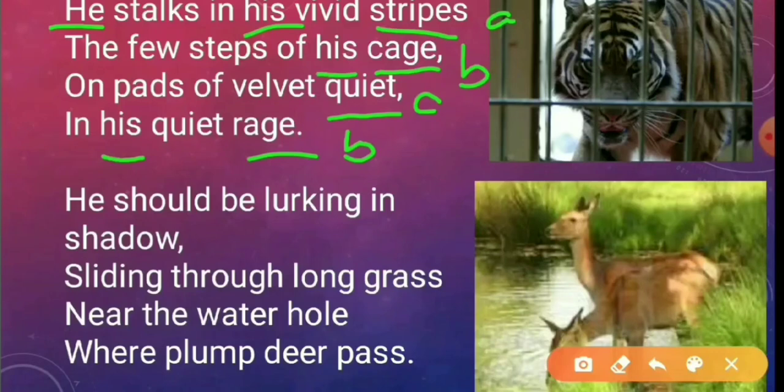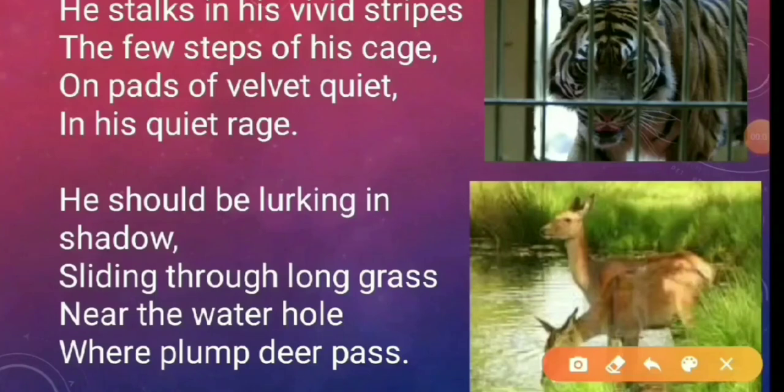We can say it is personification. Now we can see the next poetic device, that is consonants. In the first line, he stalks, use of S, stalks, his, steps. S effect is prominent in the first line, stalks, his and steps. That is known as consonants.